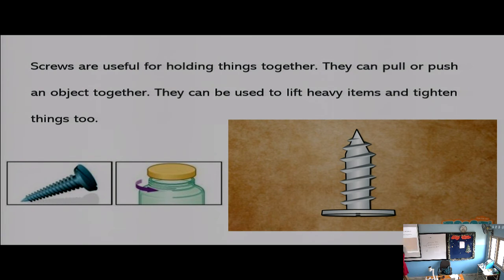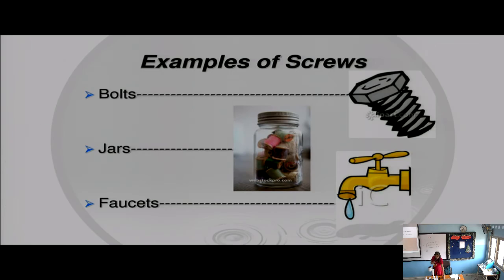This is one example, a jar. It has threads. And these screws are usually used to lift heavy items and to tighten things. Understood? Examples of screws.